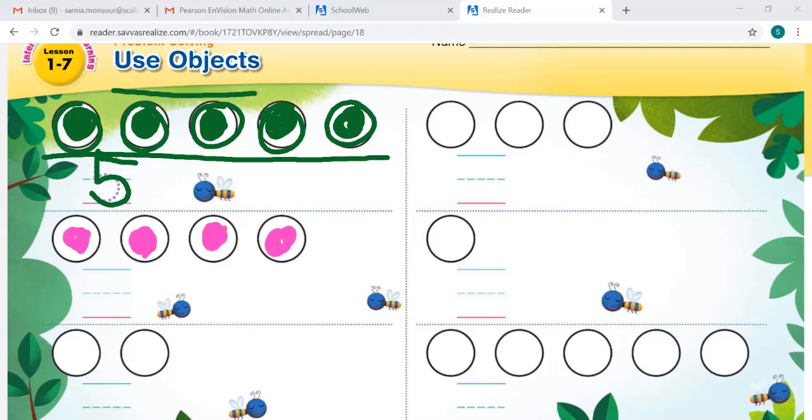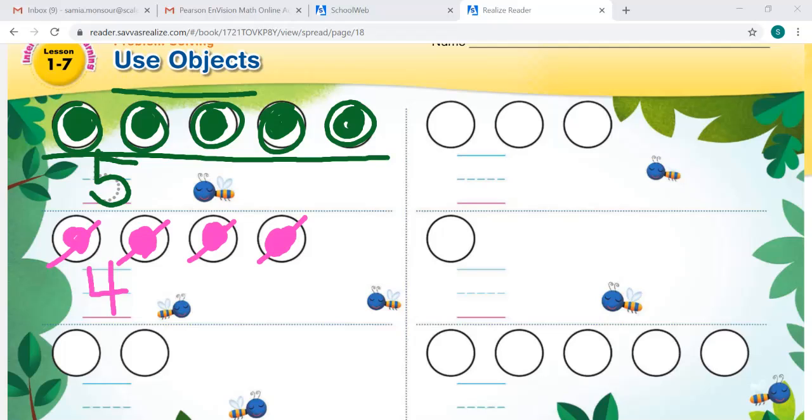All right, now let's count how many counters I have in here. 1, 2, 3, 4. So we counted 4 circles. What number should I write? The number 4, because that's the last number I said as we were counting.